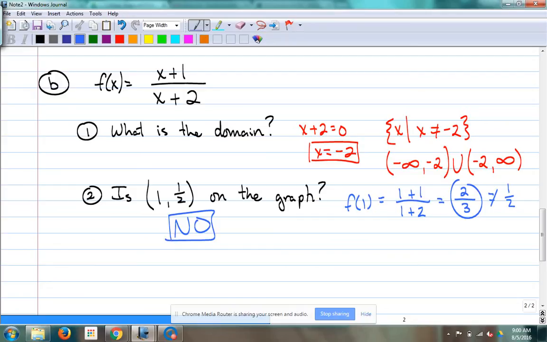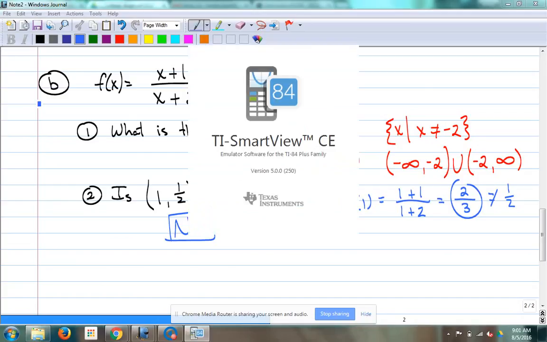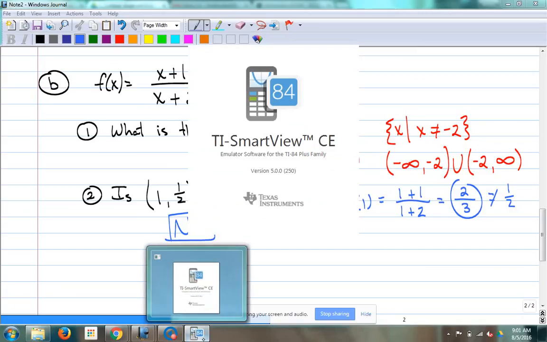How else could you do that? We always try to find alternative methods to solve things, because that's what good thinkers do. Yeah, absolutely. Graph it on the calculator. So if I grab my graphing calculator, maybe we want to practice drawing that graph or getting that typed in correctly. Maybe we hadn't done that in a while. So what do you have to do when you type that in your calculator?